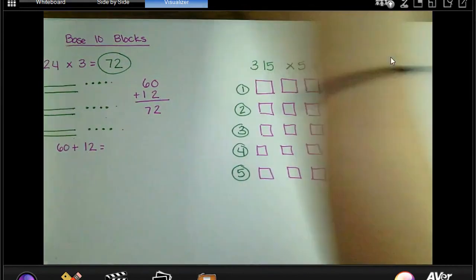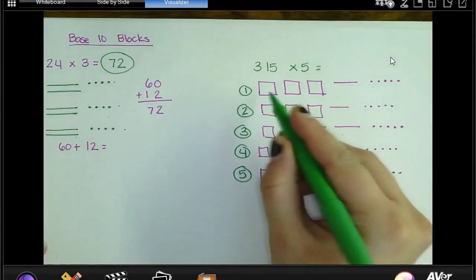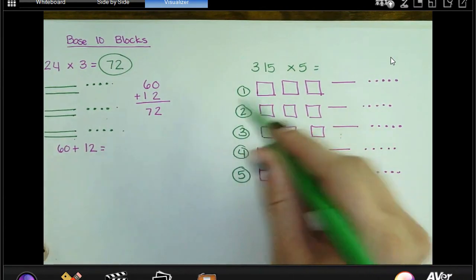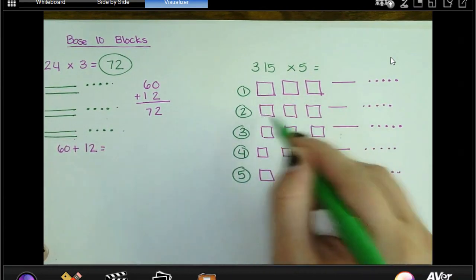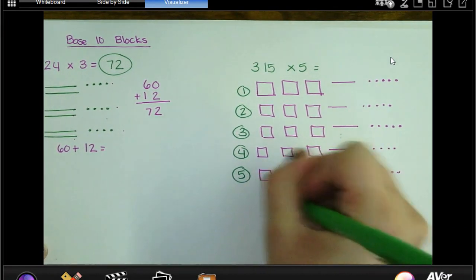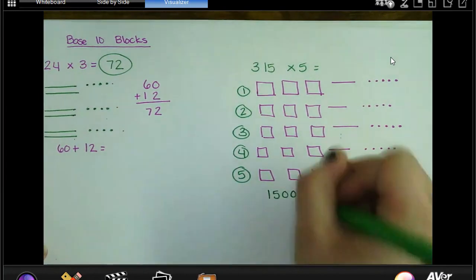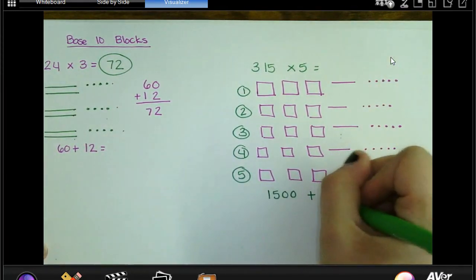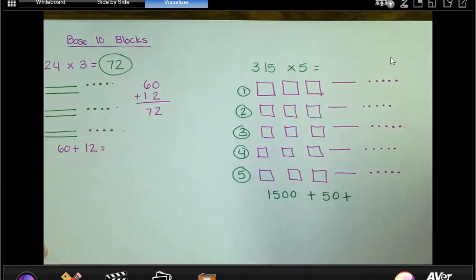All right, and once it's all drawn out, same thing, you count it up. And so we've been working on our multiplication facts. Most of the kids are really good at skip counting, so they know 3, 6, 9, 12, 15 hundreds plus 10, 20, 30, 40, 50 plus, and then these are 5s, 5, 10, 15, 20, 25.